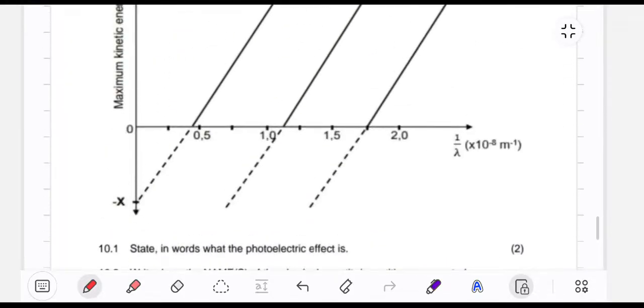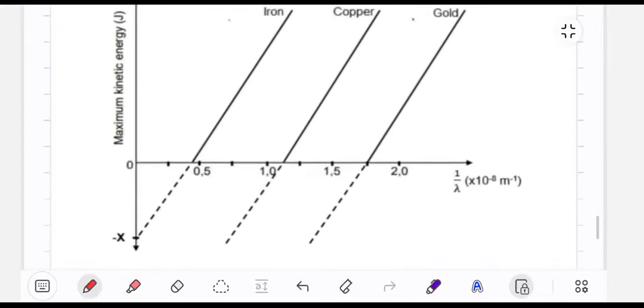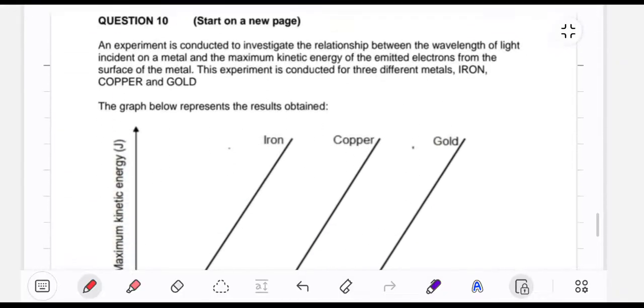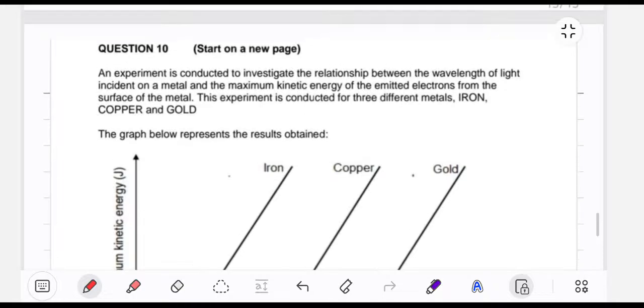Now the last one of the graphs I had, I will read the statement there. Statement: an experiment is conducted to investigate the relationship between the wavelength of light incident on a metal and the maximum kinetic energy of emitted electrons from the surface of a metal.